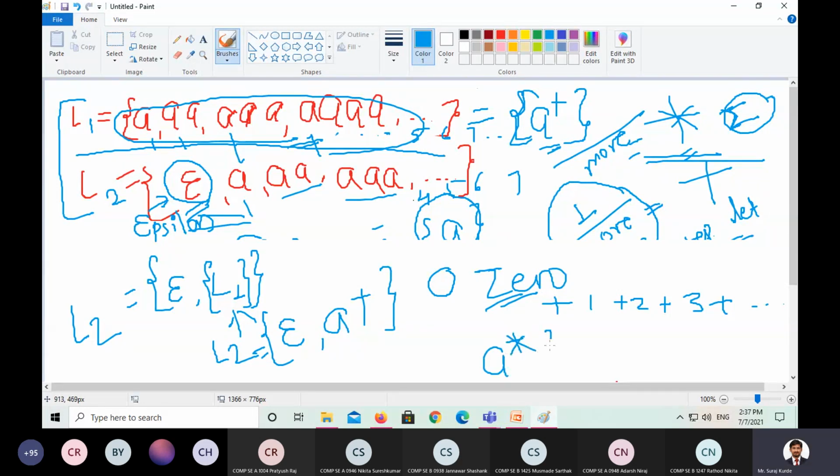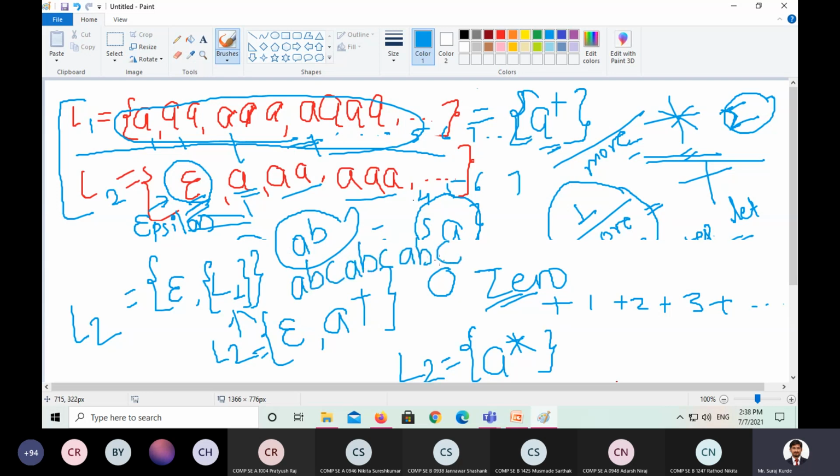A star. This is our language L2. When the minimum length of the string is epsilon, and input alphabet or the pattern. Now what will be the pattern? AB. This is called a pattern. It can be of length more than 2. There is no limit on the pattern. AB or ABC, then again ABC, again ABC. Like that we can repeat it.